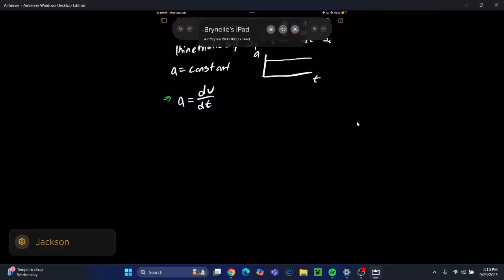So we're just going to, mathematicians will hate you, but you'll just multiply both sides by dt, right? And this will leave you with a dt equals dv. And then this is a very nice one, so we're just going to integrate both sides. And then for this integral right here, we're just going to bring out a t.